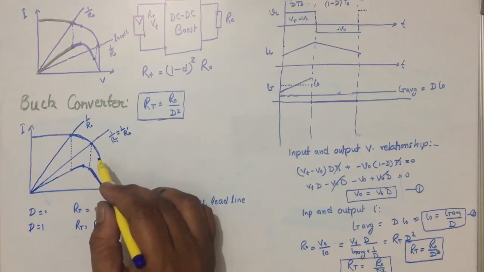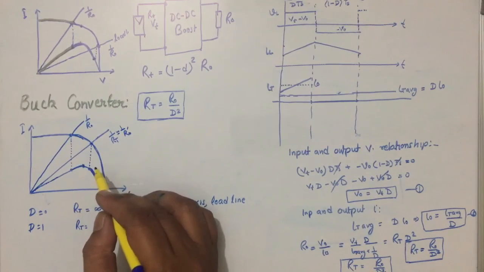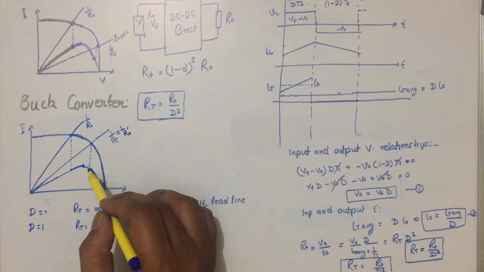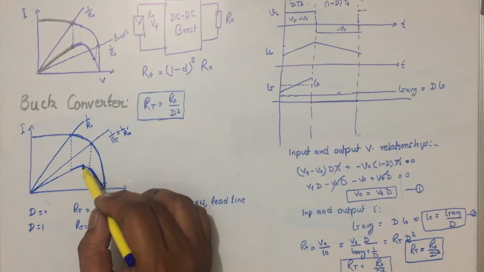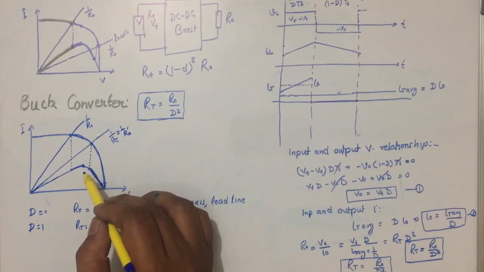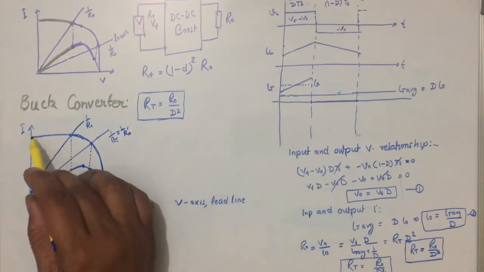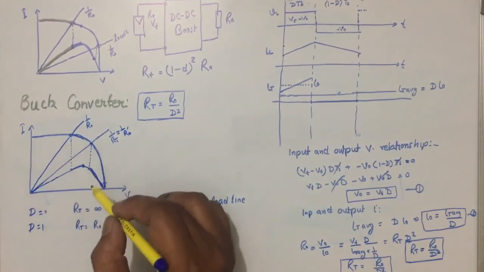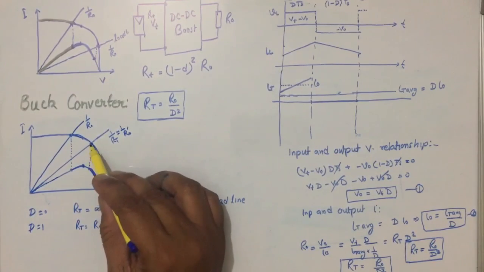So it is important to look for another option in which we can achieve the maximum power point, because there is also a limitation like the boost converter. In the boost converter this side operation was possible, in the buck converter this side operation is possible.